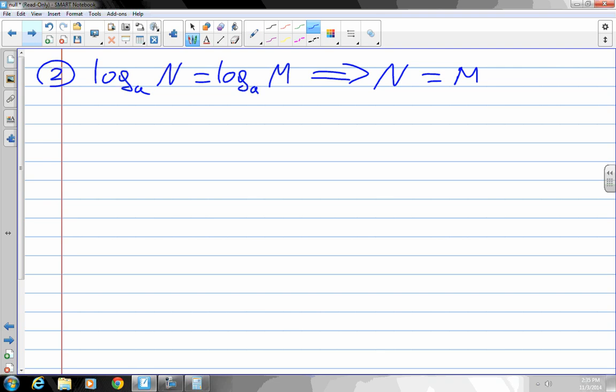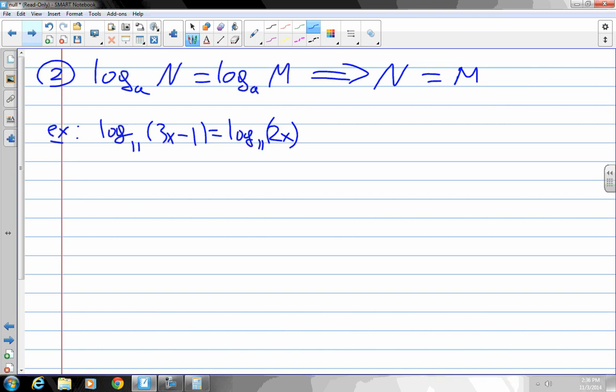So if I have something like, for example, log base doesn't even matter, base 11 of 3x minus 1 equals log base 11 of 2x. Log equals log, bases are the same. That's the only time where base is in play.